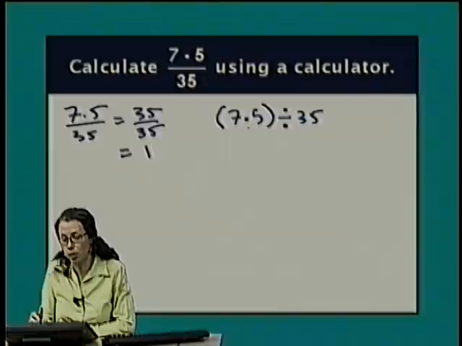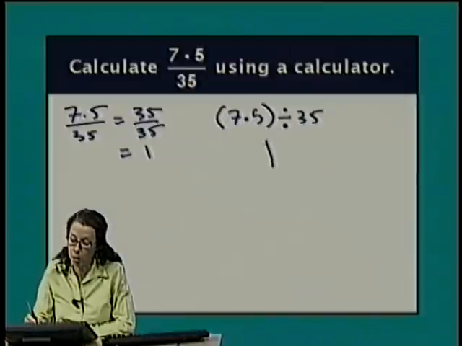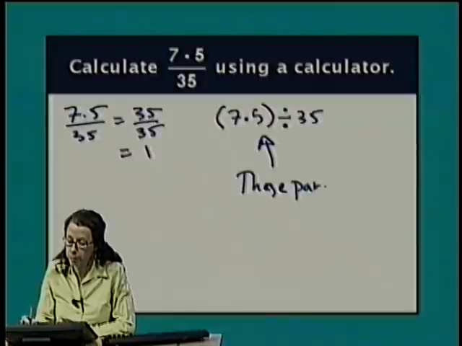This multiplication is performed before this division. So these parentheses are really redundant. We don't need them. By the order of operations, this multiplication is performed first. So these parentheses are for emphasis.